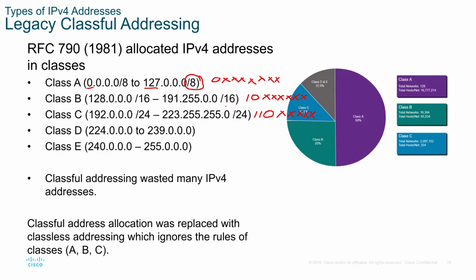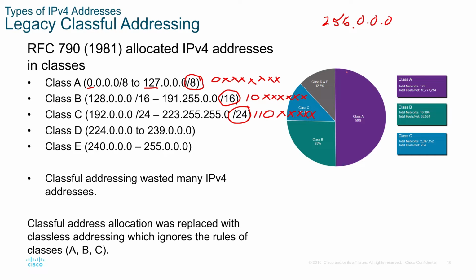You'll notice that the masks shown here as a prefix length start with a Class A at a /8, which would be 255.0.0.0.